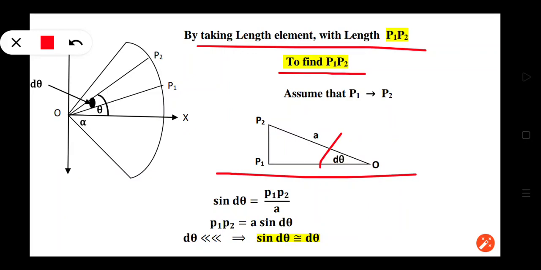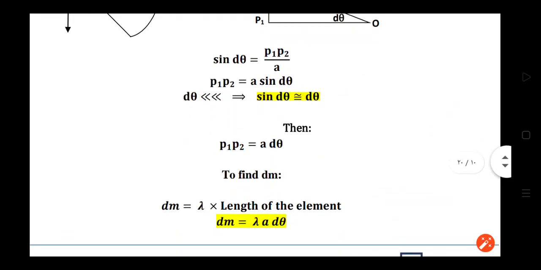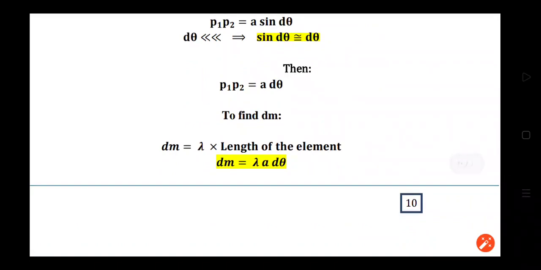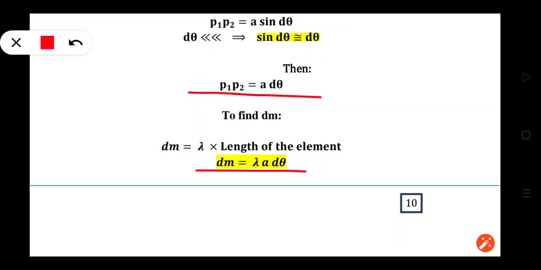So B1 B2 equals a sine d theta. As d theta is very small, sine d theta is equivalent to d theta. Then B1 B2 equals a d theta. To find dm, we know that dm equals lambda times the length of the element, so dm equals lambda a d theta.